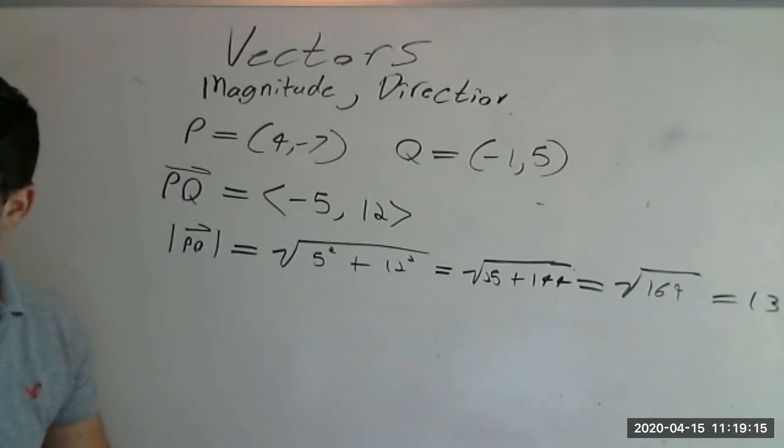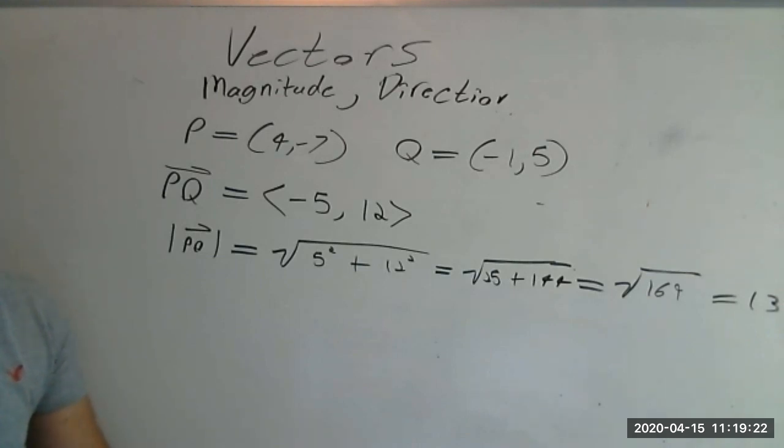Now we're moving. So, last little piece of the puzzle. What is the direction? What is the angle of this vector? How do we go about finding it?